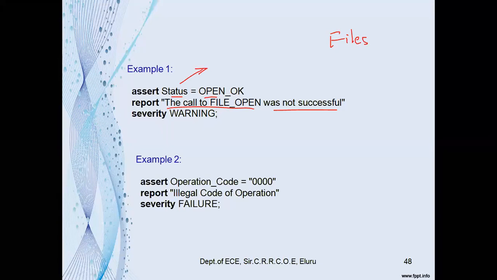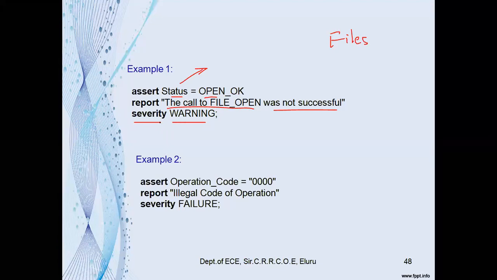So if the status is some other value, then it is reported with a string. The string is nothing but the message here, a user defined message. You can write your own message: the call to file open was not successful, and it is also reported with the severity level warning here. It is just a warning.